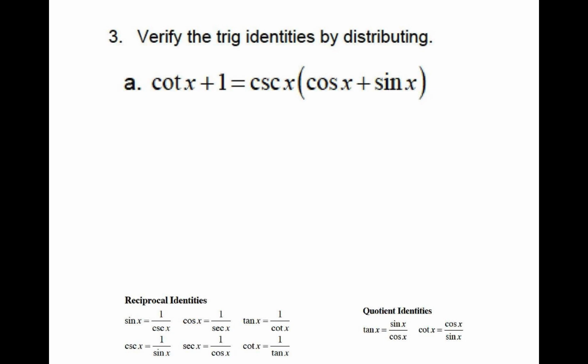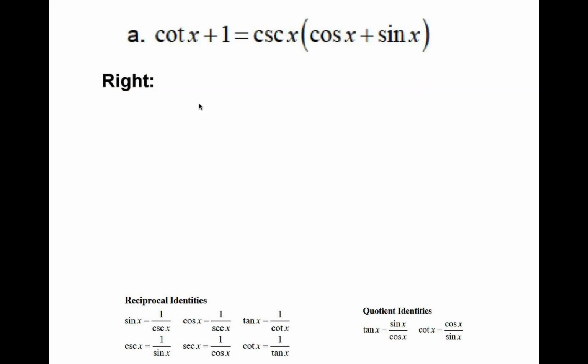Number 3, slightly different. We have to verify the trig identities by distributing. So notice you're not going to distribute on the left side of the equal sign, so we're going to work on the right side. Always say what side you're going to work on. So on the right side, cosecant x, if you recall, is equivalent to 1 over sine x using the reciprocal identities. And this is going to just stay cosine and sine because it's already in cosine and sine. Now I can distribute.